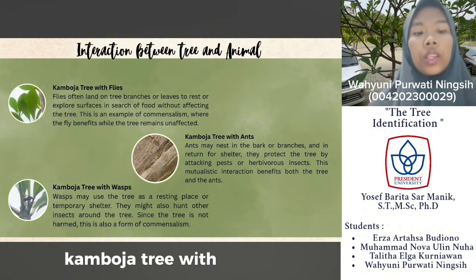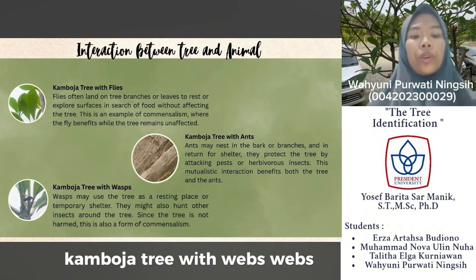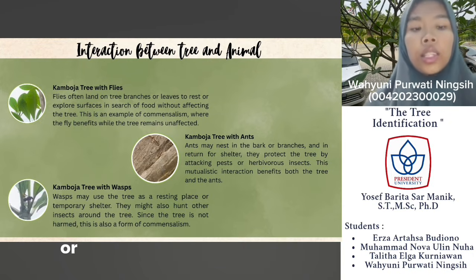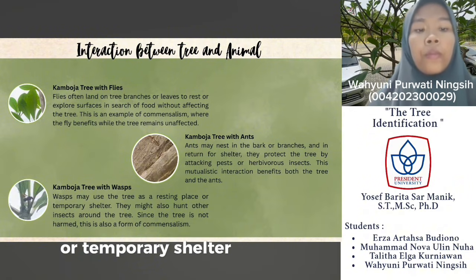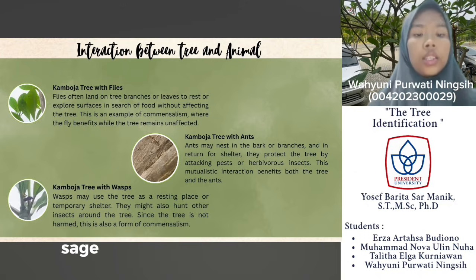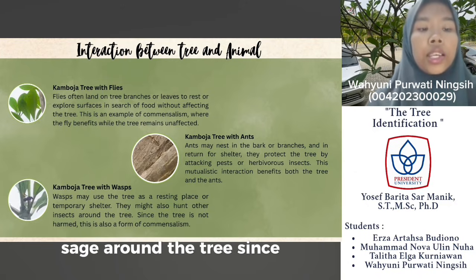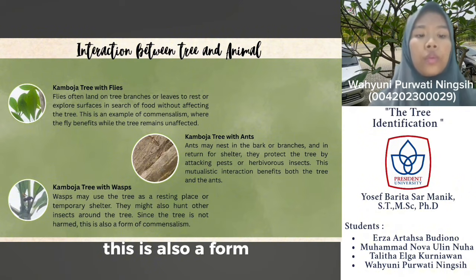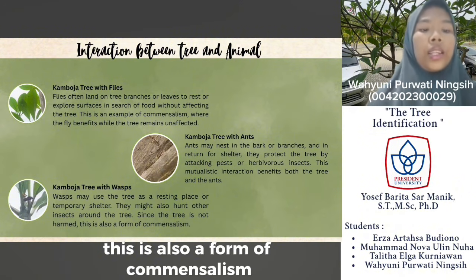Kamboja tree with wasps. Wasps may use the tree as a resting place or temporary shelter. They might also hunt other insects around the tree, and since the tree is not harmed, this is also a form of commensalism.